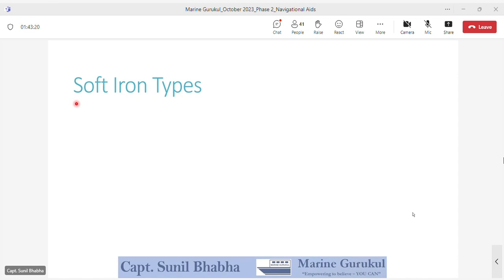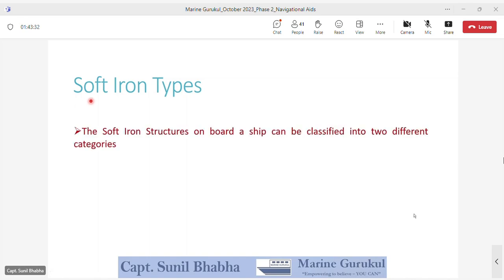Okay. Let's go ahead now. Because this is a very important concept to understand the working as well as the correction of the magnetic compass. The soft iron structures which are present on board can be classified into two different categories. These are the vertical soft iron, which has a vertical orientation.